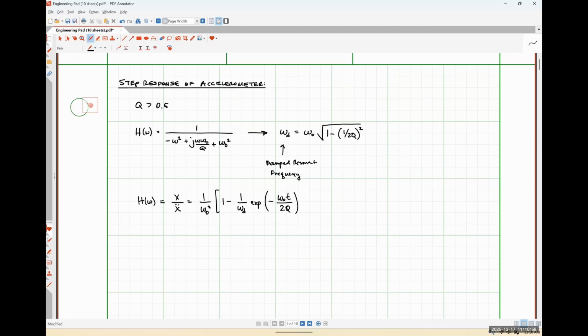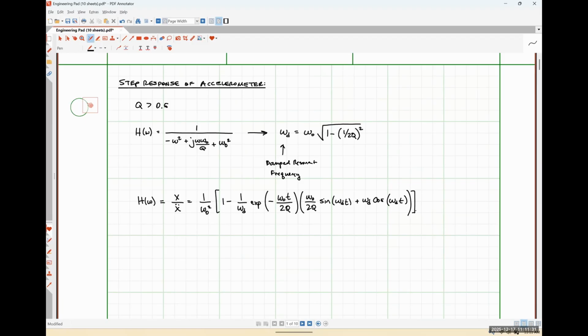And that exponential function is then multiplied by a sinusoidal function that is omega naught over 2Q times the sine of omega d t plus omega d times the cosine of omega d t. And let's see, I need to close that large bracket and then close that square brace like so.